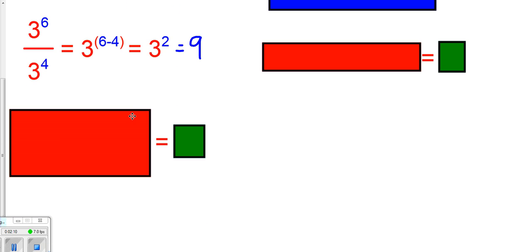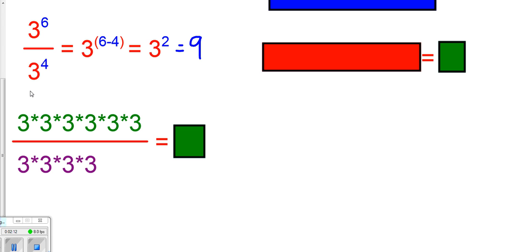And again, a way to see that: 3 to the 6 is 3 times 3 times 3 times 3 times 3 times 3, so there's 6 of them. 3 to the 4th is 3 times 3 times 3 times 3, so there's 4 of them. Anytime we're multiplying on top and dividing by something being multiplied on bottom, we can cancel things out.